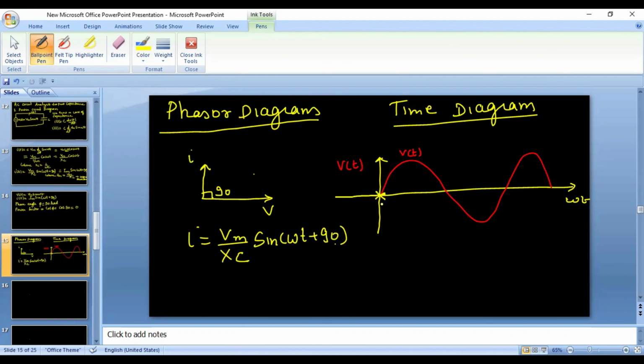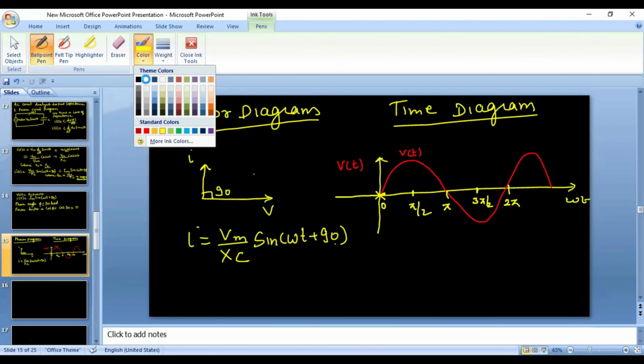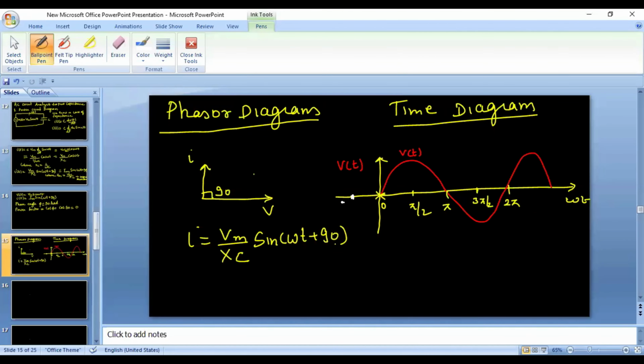That means if the voltage is 0 at 0, the current will start before 0. As it is 90 degrees leading, the current will start at minus 90 degrees. So the current variation will be like this. You can see current 0 is at minus 90 and voltage 0 at 0, so that means current is leading the voltage.